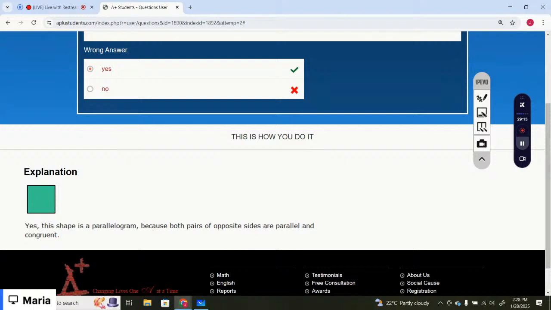The shape is a parallelogram because both pairs of opposite sides are parallel and congruent. Okay.